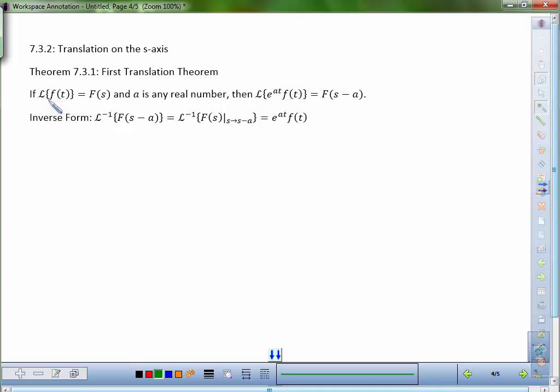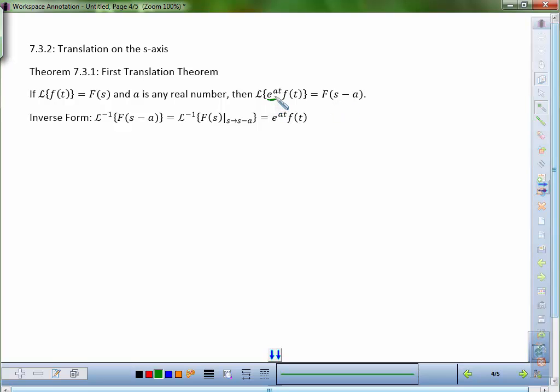If L of f is equal to f, L of little f of t, the Laplace transform of f is equal to capital F, and a is any real number, then the transformation of e to the at times f is equal to F of s minus a.